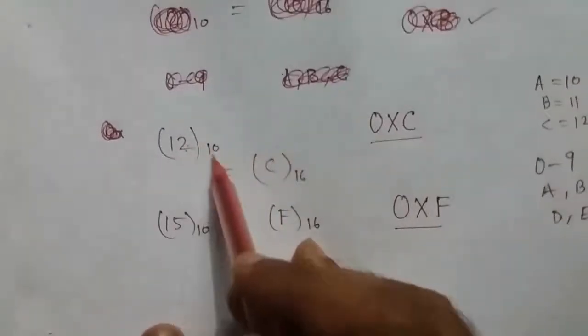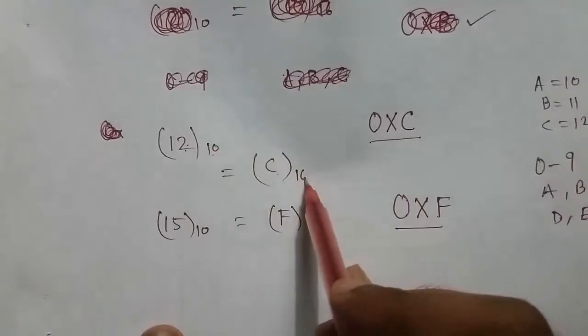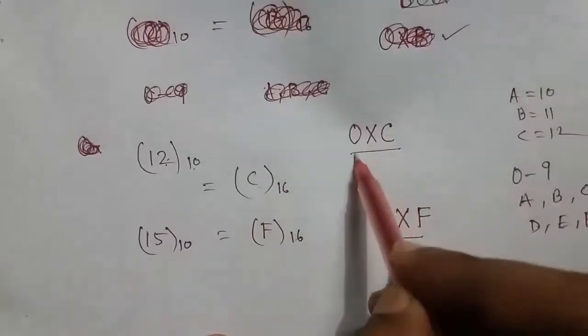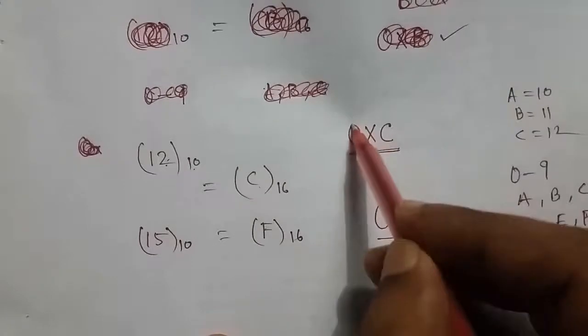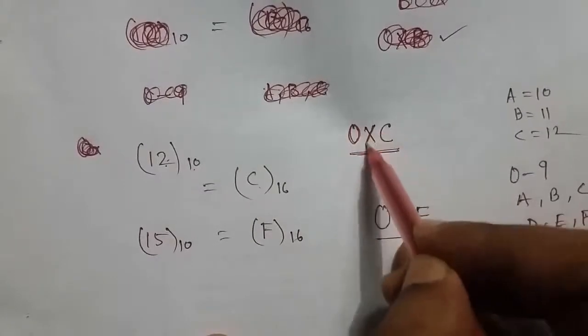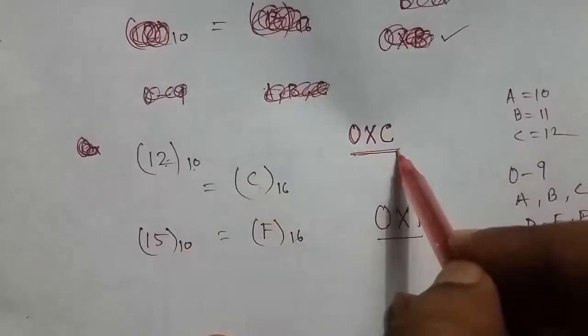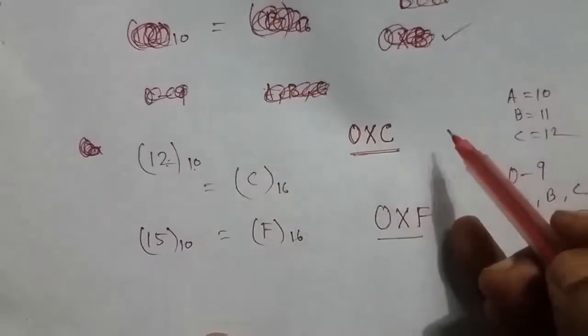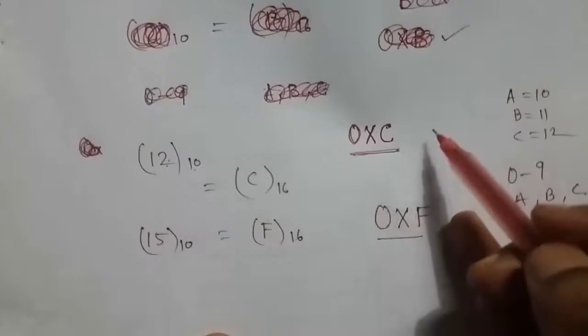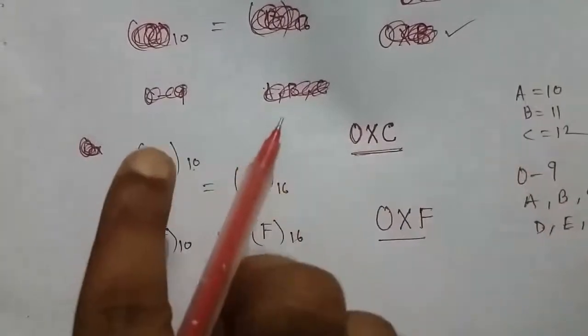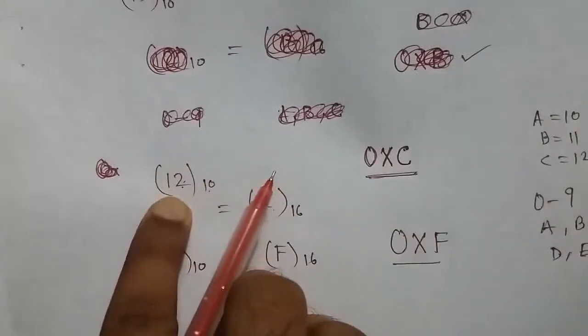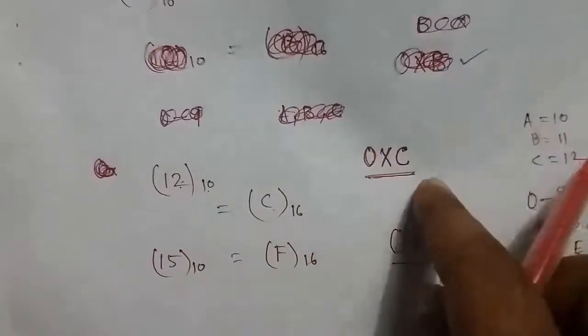So 12 in decimal means C in hexadecimal. It should be written like 0xC. 0x will be written as per the convention and then C. So 0xC will be written to represent the decimal number 12 in the hexadecimal number system in Java programming.